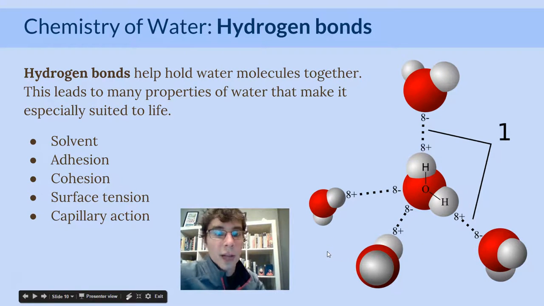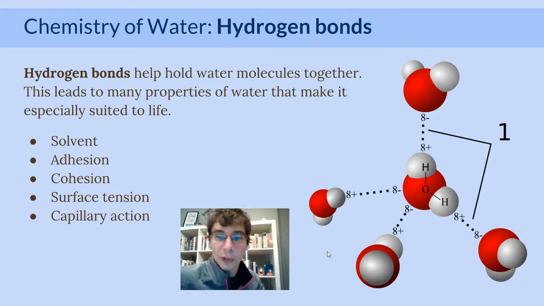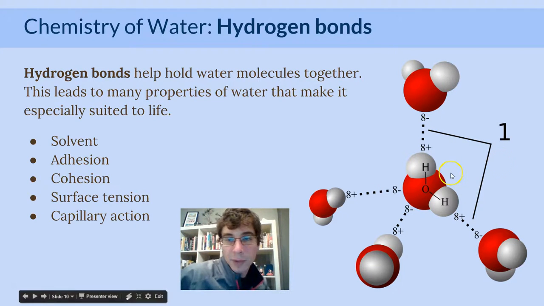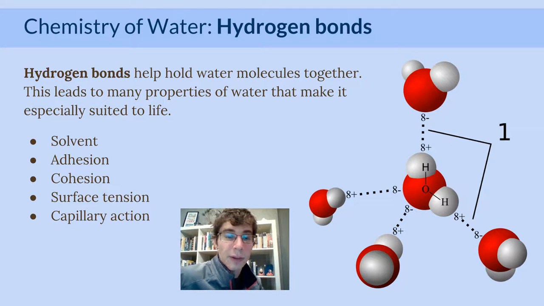Water forms something called hydrogen bonds, which help hold water molecules together. And it happens between this hydrogen and the oxygen here. And there's different ways that this can happen, and different molecules and different elements can do it, but in water it's really special because it gives it all these properties. Hydrogen bonds make water a good solvent.